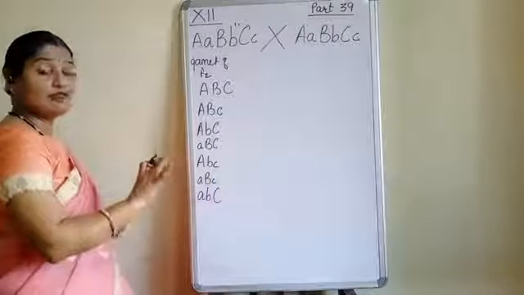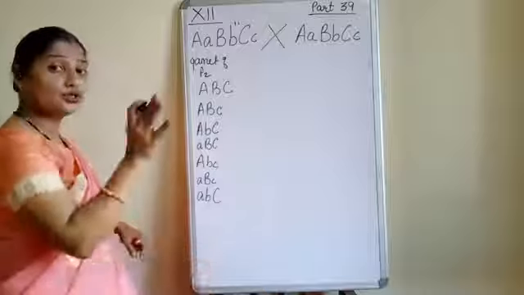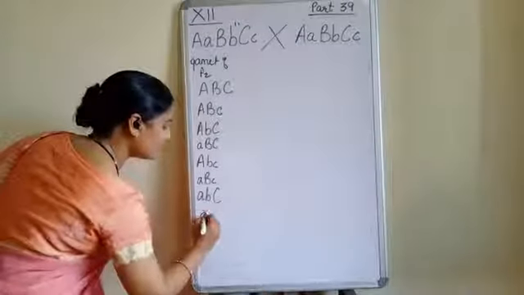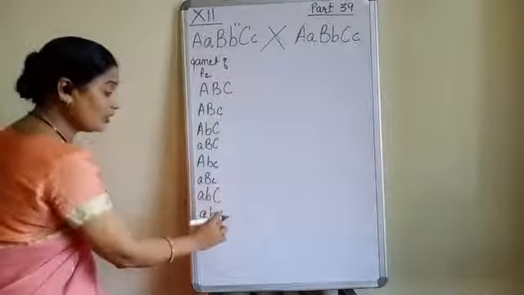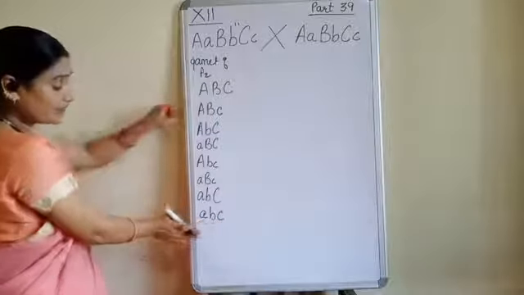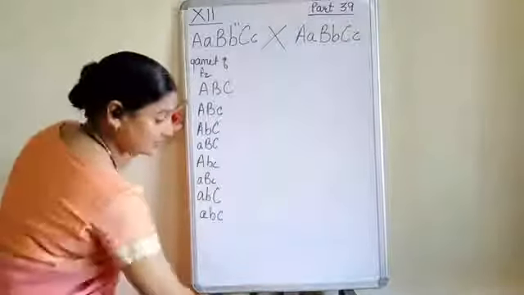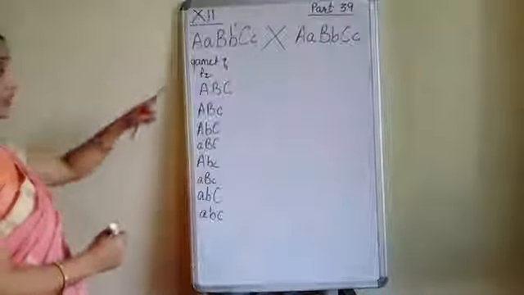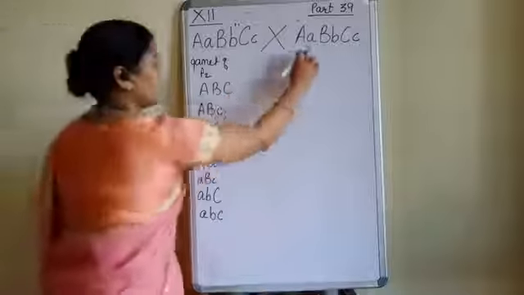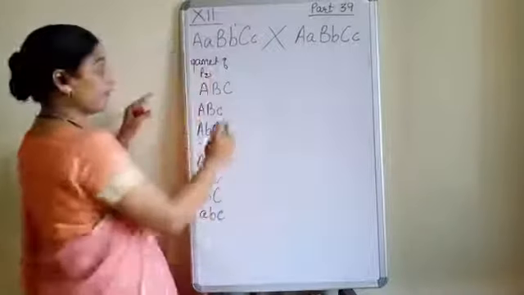And the 8th time we will take 0 dominant, that is small a, small b and small c. So now I have got these gametes. Clear?